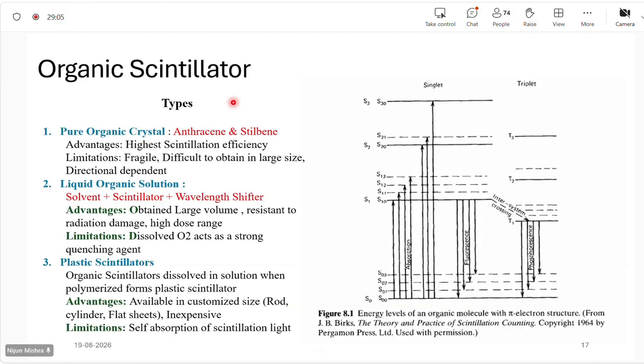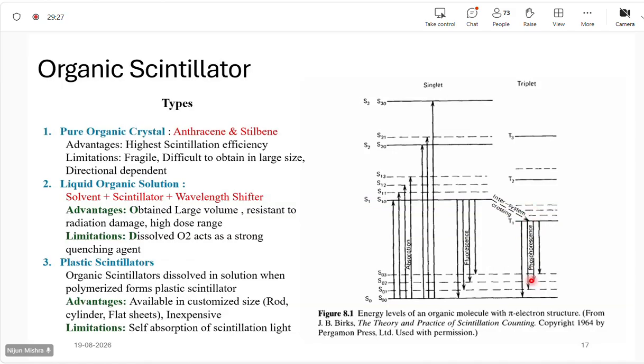So in an organic scintillator, radiation interacts with the electrons and they jump to a higher energy state, and when they come back quickly, that is fluorescence. When it goes through this part and then comes back, it takes some time, and this one is phosphorescence.